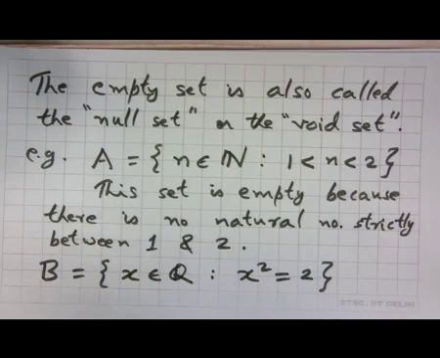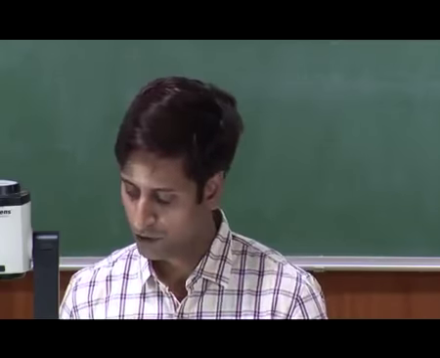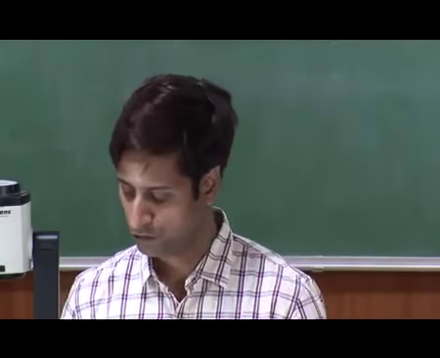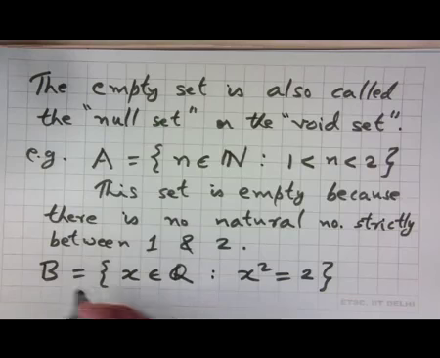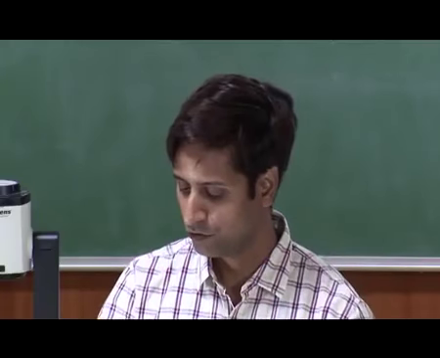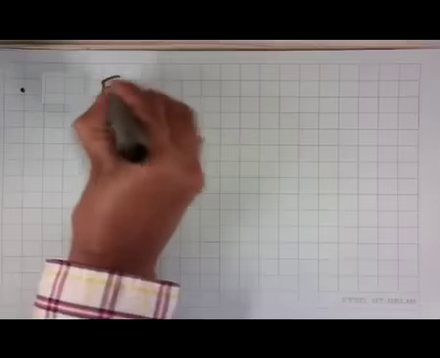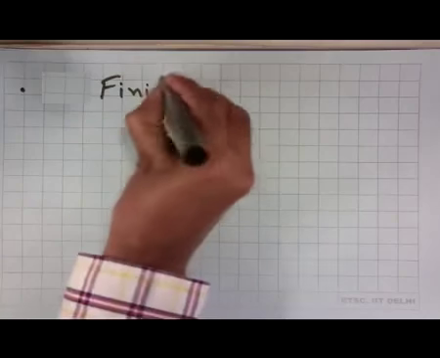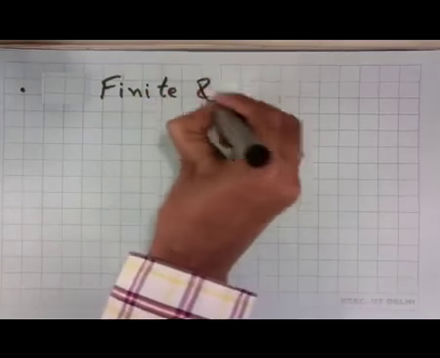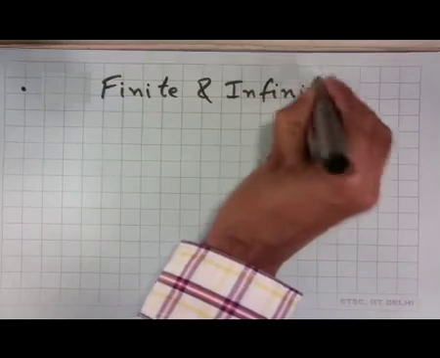So, you might have seen in high school that there is no rational number whose square is equal to 2. So, this set B is again equal to the empty set. So, let me also use a notation. Okay, I will come to that later. So, first let me define finite and infinite sets.